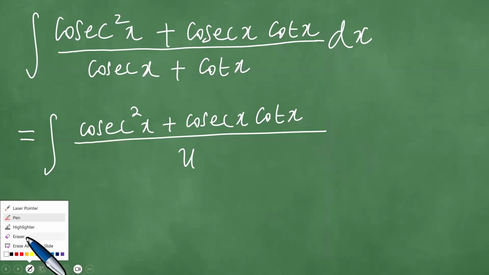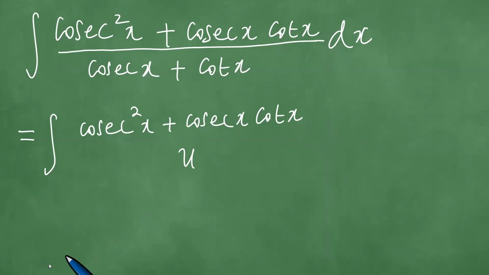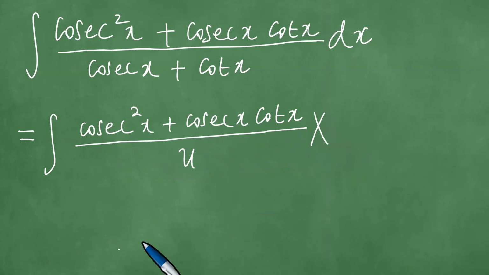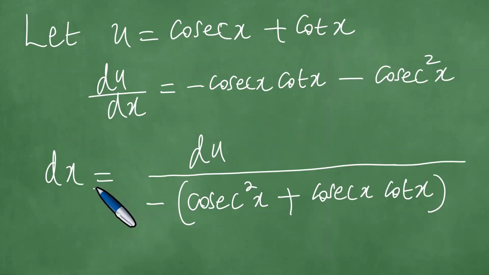And now this is what we have, but we proceed to multiply these by the expression that dx equals. What expression does dx equal? Dx equals du over the negative.